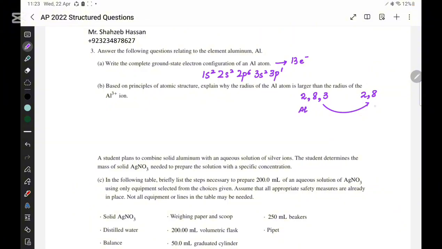This is aluminium, this is Al3+. So we can write the explanation: when it becomes an aluminium ion, the number of shells becomes 2, and that causes a decrease in the distance from the nucleus. So how can we write it?